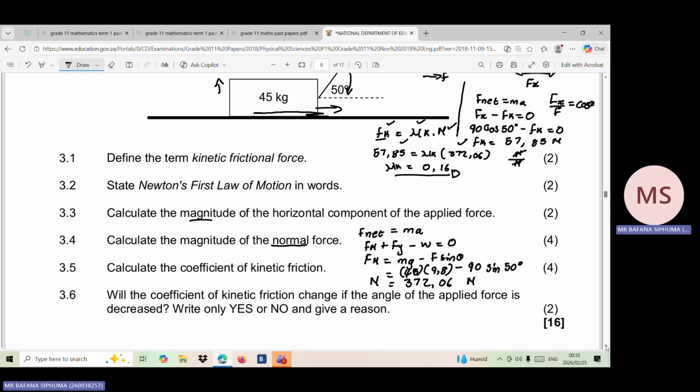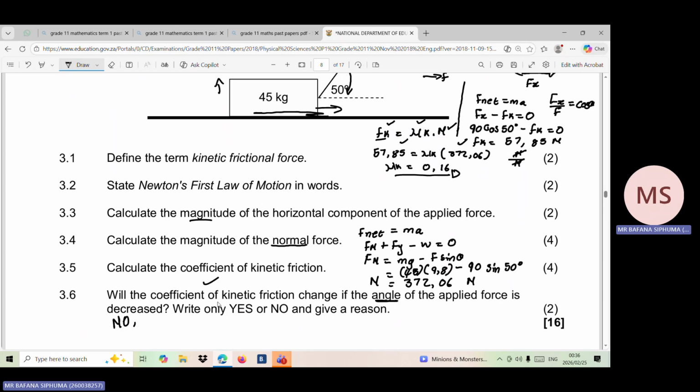And no, guys, the answer is basically no. Before I say anything, just tell them no. Why? The coefficient of kinetic friction depends on the type of surface. They didn't change the surface, they changed the angle.